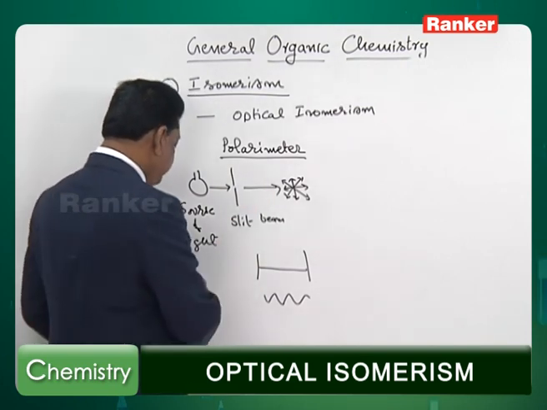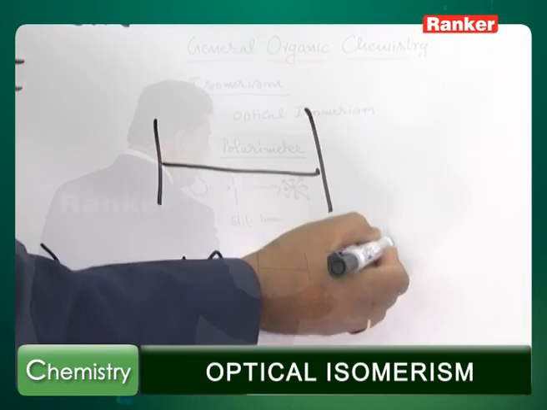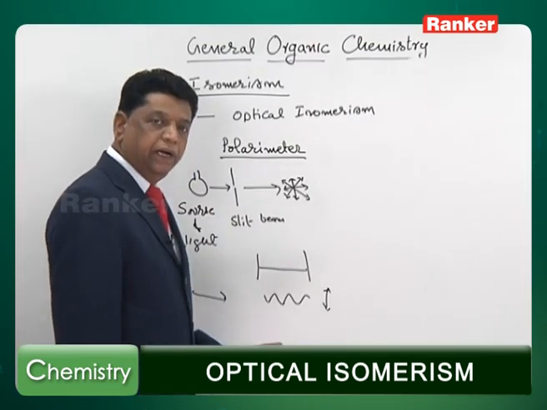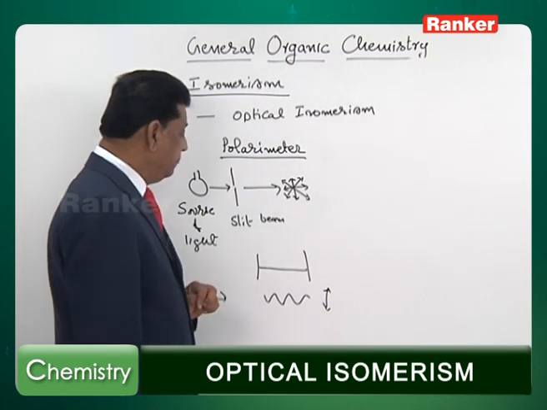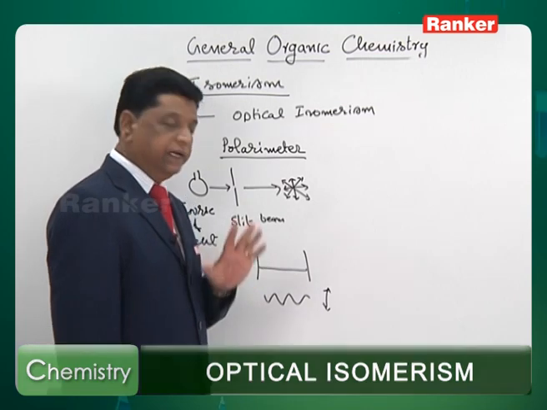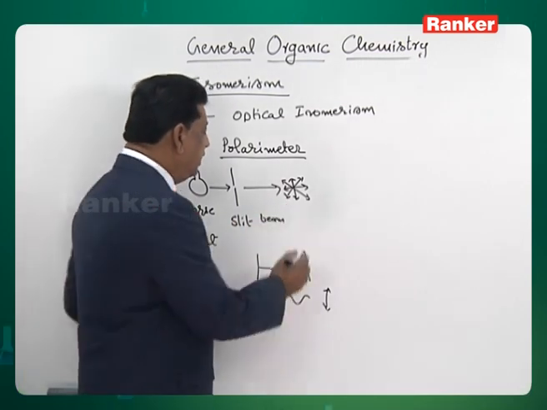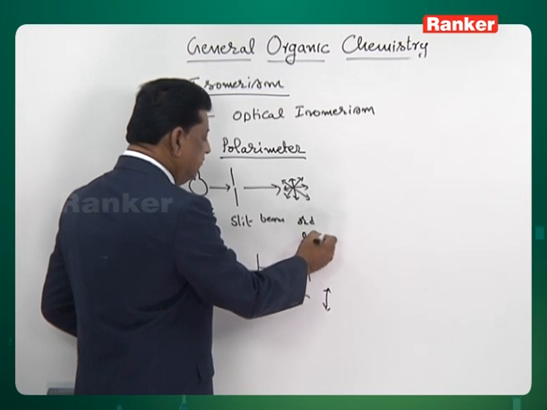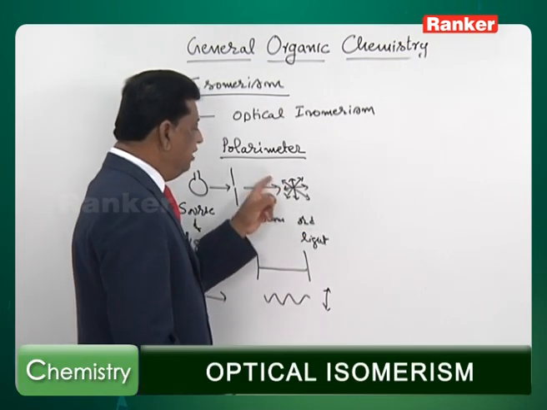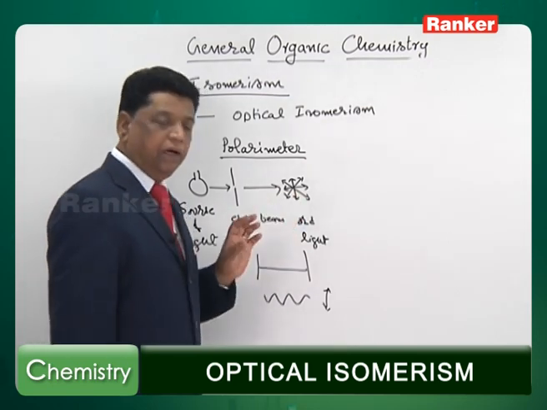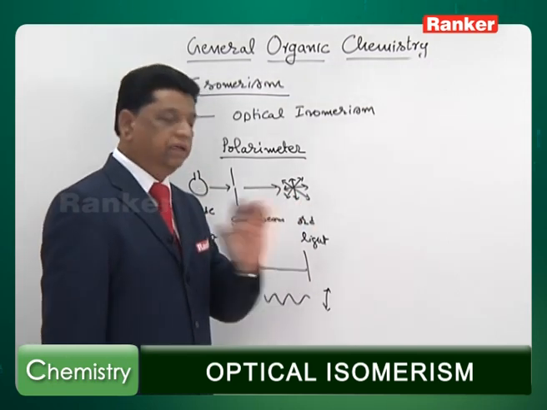From this direction, if you see, the waves will be only up and down. But the ordinary light has waves in all the directions. Therefore, the ordinary light is represented like this. It is the way of representation. It gives waves in all the directions simultaneously, traveling from one place to the other.